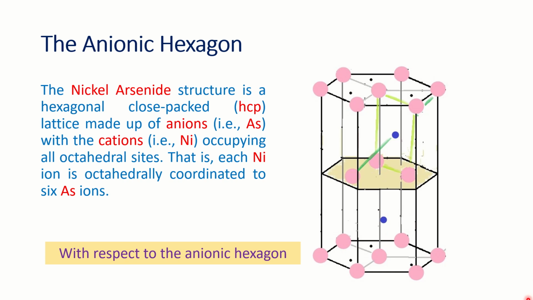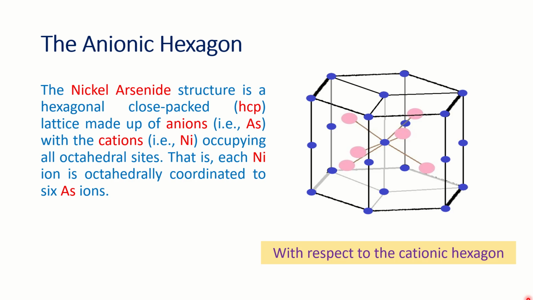It will be looking like this one. With the help of this picture, you can visualize one more thing. It is beautifully visible that each arsenic lattice point is also surrounded by 6 nickel lattice points, in a trigonal prismatic manner.